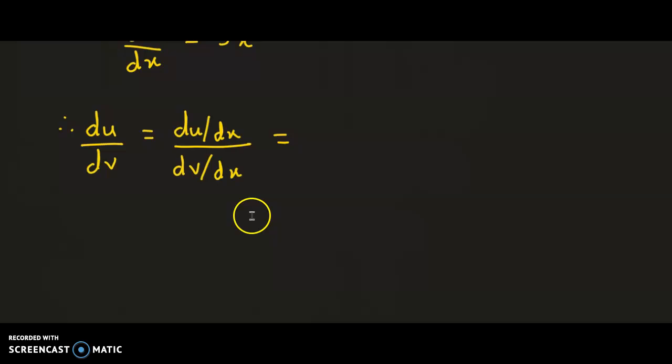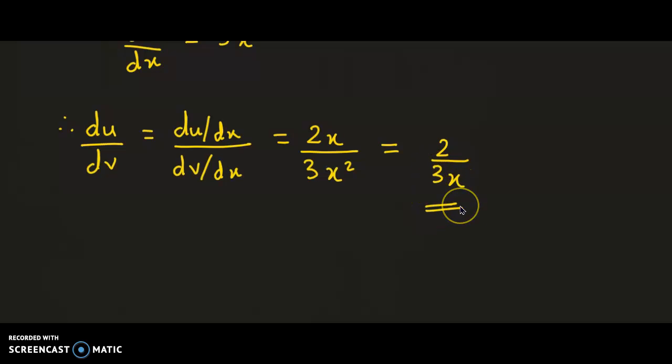So substituting these two values, we obtain 2x upon 3x squared. Now we cancel out 1x each, and finally we have du by dv is equal to 2 upon 3x.